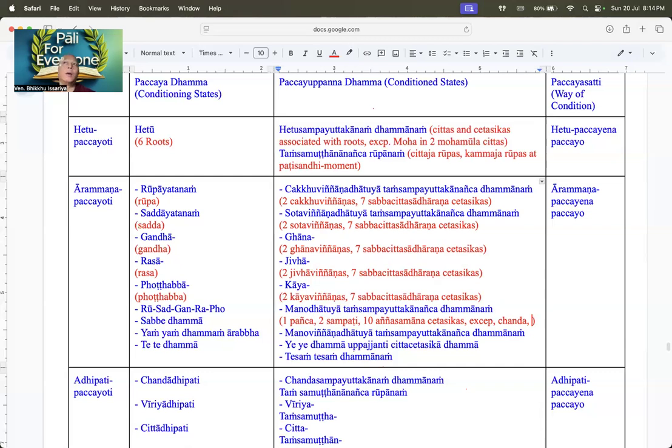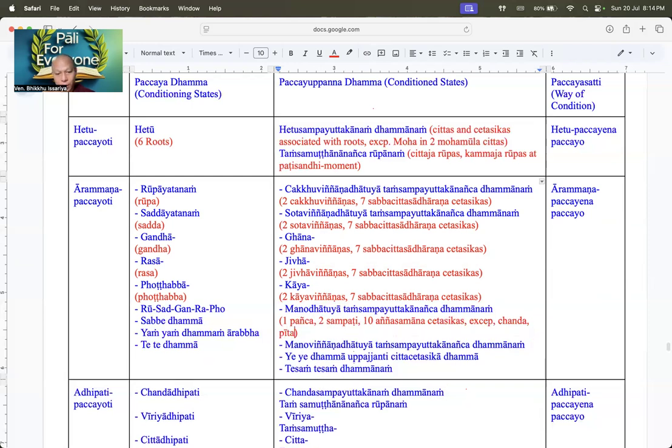Chanda is not associated with these ahetuka cittas, which are rootless. Pīti is also absent, and viriya, since they are rootless and not so strong. So except chanda, pīti, and viriya cetasikas. Laid out in detail all together, we can understand it.